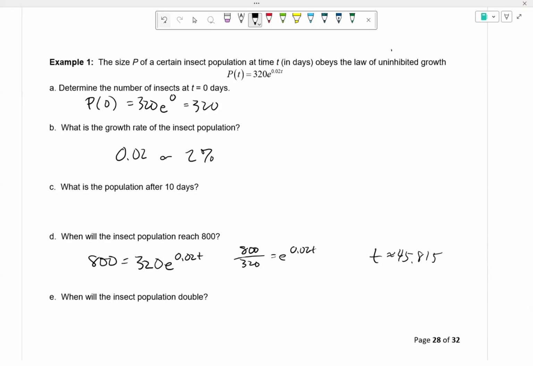Of course, I hope that you simplify this, right? At least 80 over 32, but I think 4 goes into both of these. It works out to be 2.5. Do you have to take ln to both sides? I think that's a good way to do it, but do you have to?